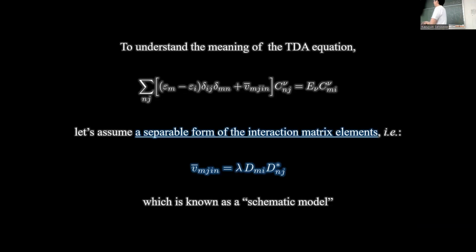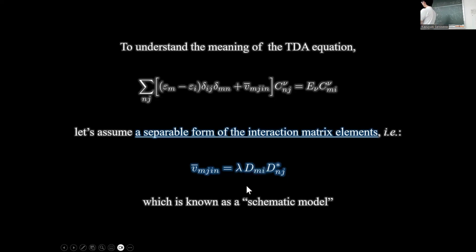Okay, so let's see what is the meaning of the Tamm-Dancoff approximation. So this is the TDA equation that we have derived so far. And to see the meaning, let's simplify this equation. So here is the assumption. We assume that the interaction matrix element here, V bar, has a separable form, the so-called separable form. So lambda denotes some strength of interaction.